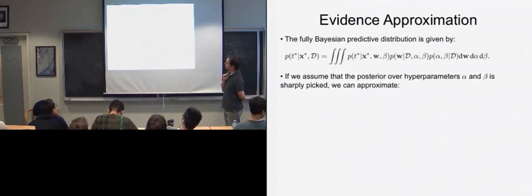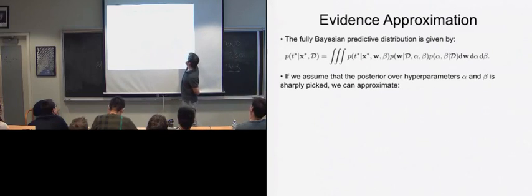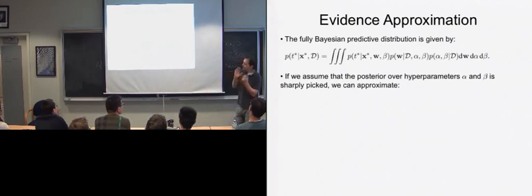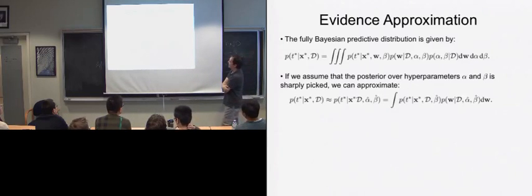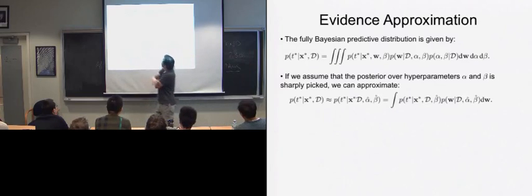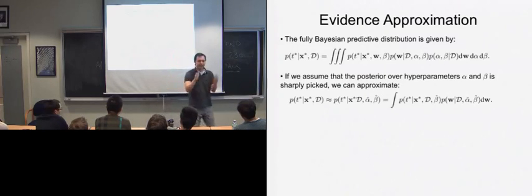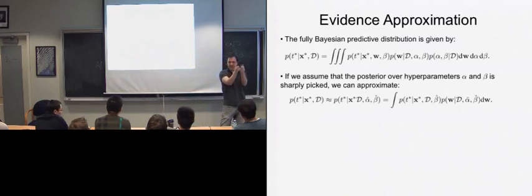If we assume that the posterior hyperparameters, these alphas and betas, remember this is the noise and that is the width of the prior, are sharply peaked around particular values, then we can make the following approximation. The predictive distribution is going to be approximately the same if we just look at the point estimates of alpha and beta. Instead of integrating over the values of alpha and beta, we're just going to replace them with point estimates.